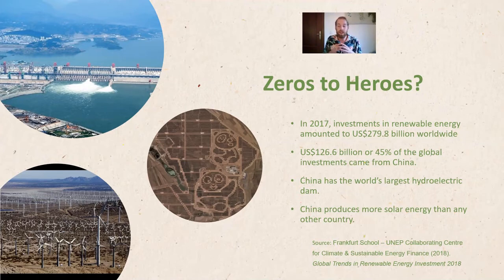If we look at the amount invested in renewable energies, and the amount that the Chinese government and people are looking into renewable energies and how to produce electricity, we can see that a few years ago, China produced almost half of the world's investment into renewable energy. 45% came from one country. And you can see they even have a solar field with some cute pandas in it. What can go wrong there?